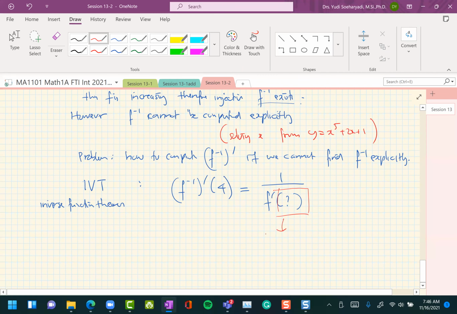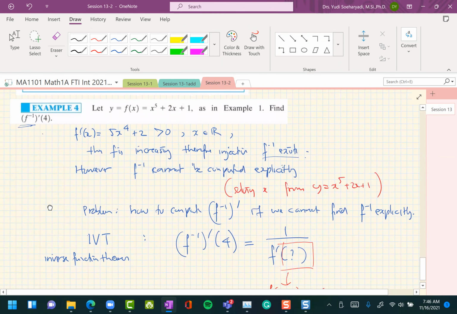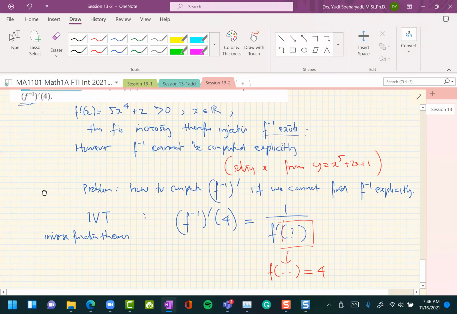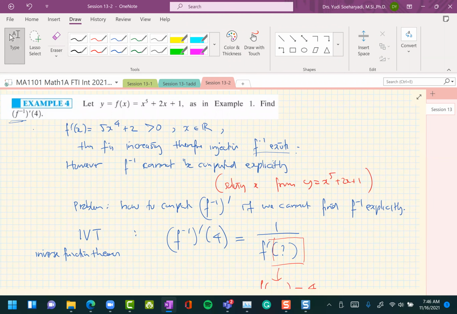So in this problem, we need to find what f of something equals 4. Usually that's something you can find easily. If this is supposed to be 4, then you see that easily x equals 1.